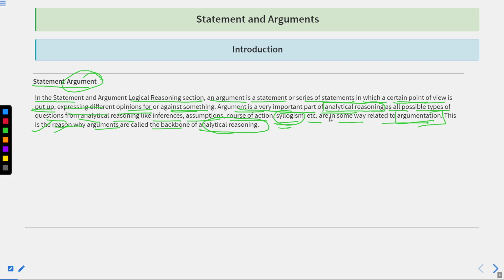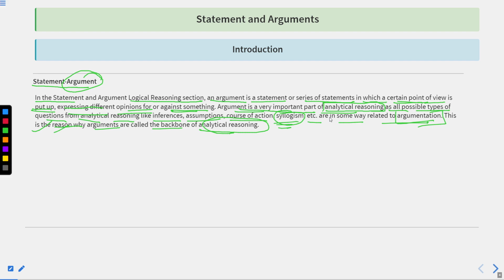And through these questions, through these portions of logical reasoning, whether it be statement argument, syllogism, course of action, or passages, the only thing that the examiner, or the committee which is conducting the examination, is trying to test is your analytical skills.